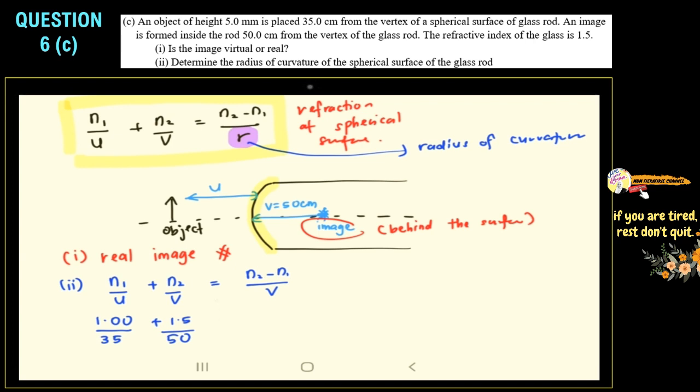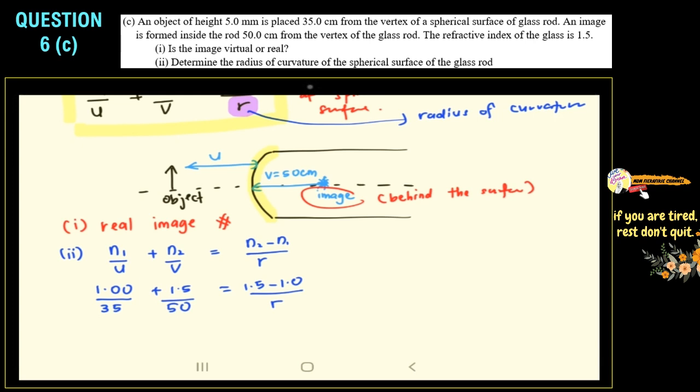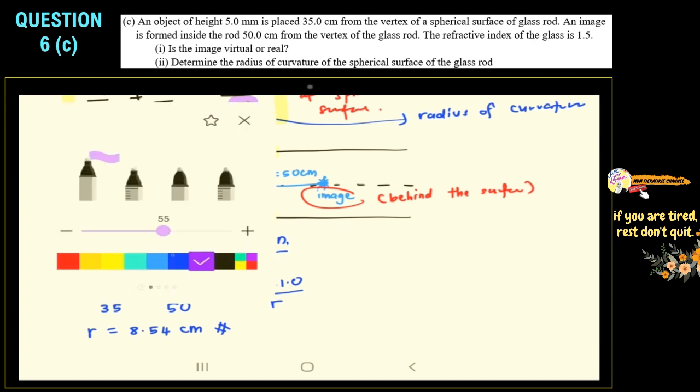Equals 1.5 minus 1.0 over R. So this is v, a real image, so don't put a negative, it is positive. Rearrange the equation. Finally, you will get the radius of curvature R is equal to 8.54 centimeter.